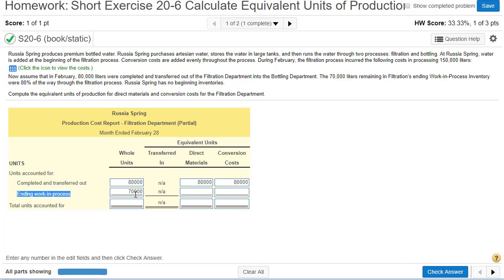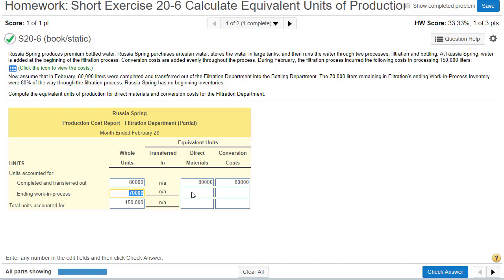So we had 80,000 finished, and at the end of the period, 70,000 were still in the process. All right. So by the way, we can take the 80,000 plus the 70,000 gives us 150,000, which is the amount that we have to account for. All right. So 70,000 are still in process.